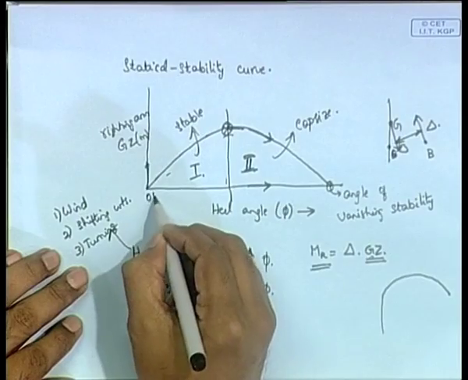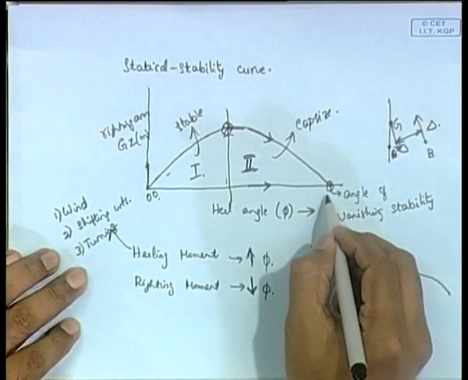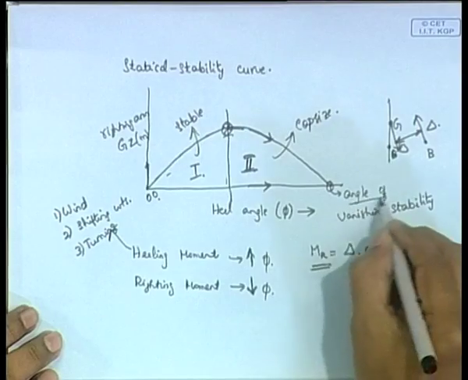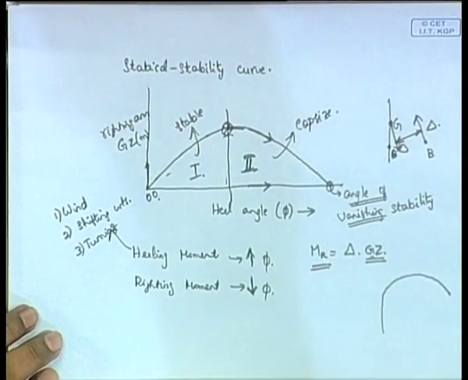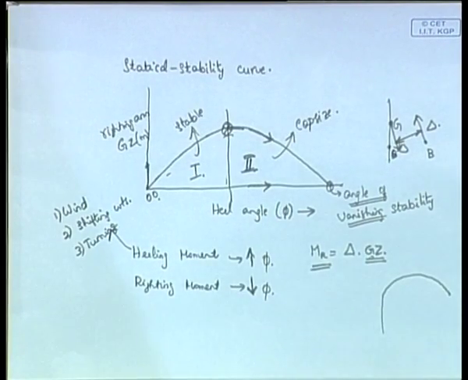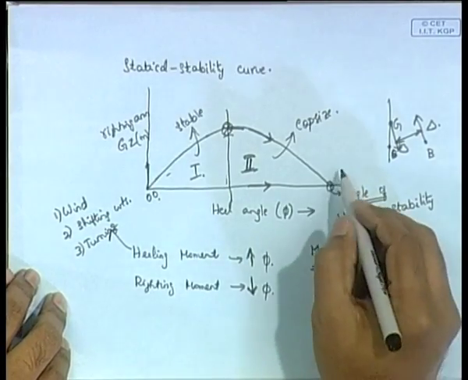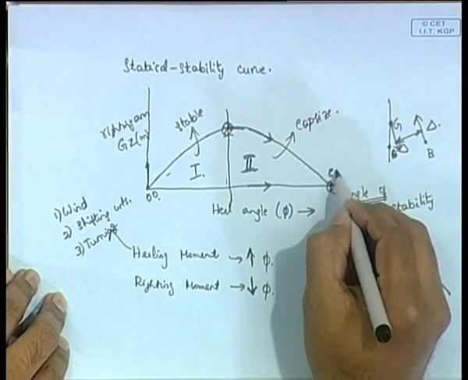This is of course 0 degrees, and it varies for ships, because it depends upon the shape of the ship where Gz becomes 0, that angle of vanishing stability. It is not always fixed for all different kinds of ships. That value will depend upon the breadth of the ship, the draft, things like that. In general you will see that it is around 70 to 80 degrees.